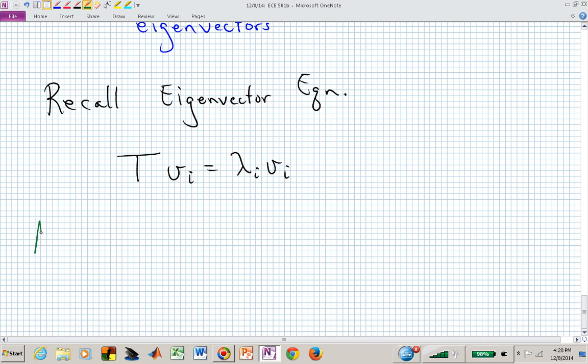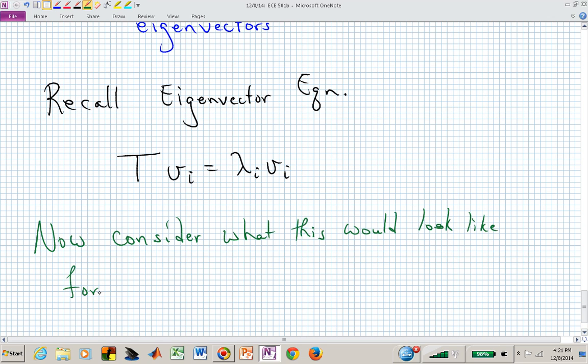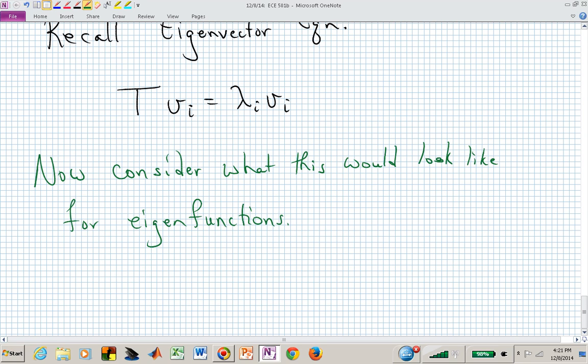Let's now consider what this would look like in this infinite dimensional setting, which now instead of eigenvectors, we're going to call eigenfunctions. Since we no longer have these finite dimensional vectors, we now have functions that we saw forming when we zoomed out from this list that just continued to get more and more coordinates.